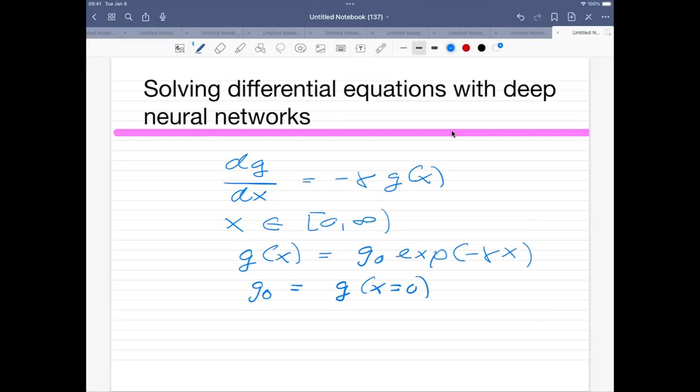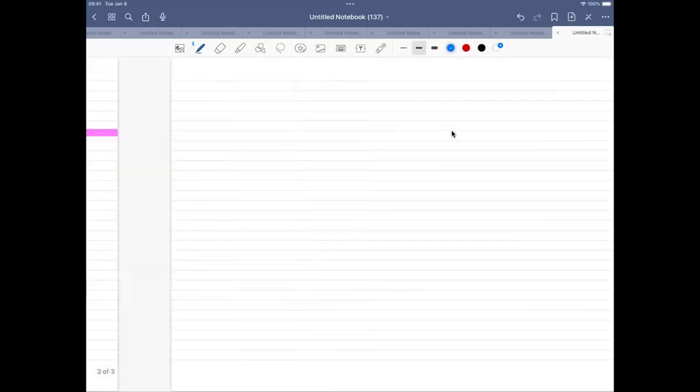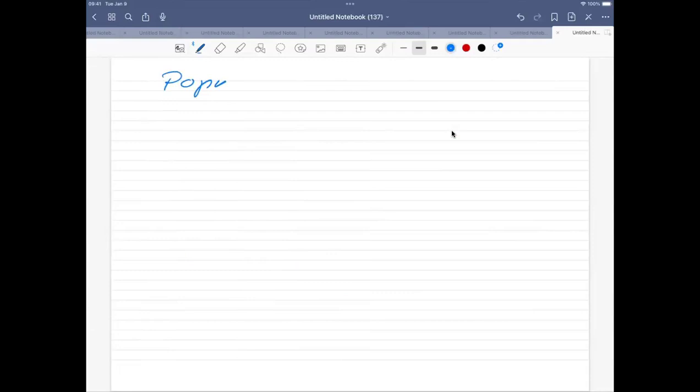Let us now also look at another famous differential equation, and that's an equation which is similar to this one, and that's the equation for population growth. And this is another equation which we're going to encounter in the examples in the Jupyter Notebook here. So the equation for population growth, let's just write it down here.